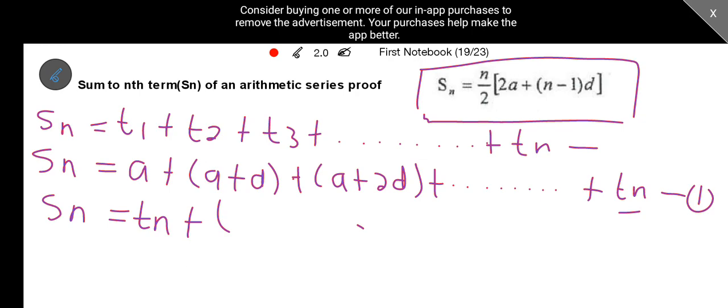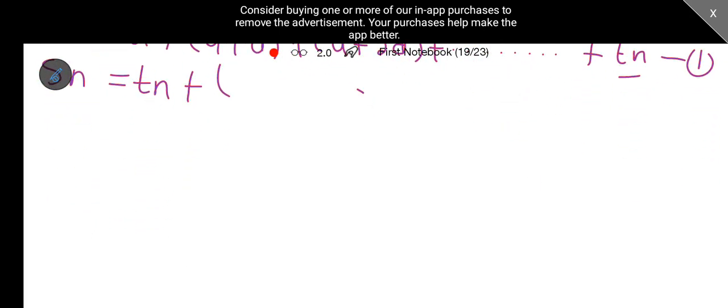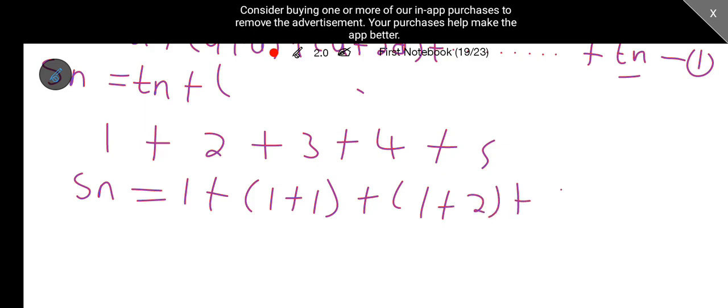So here, let me illustrate how we are going to do it with an example. Suppose we have 1 plus 2 plus 3 plus 4 plus 5. If we are saying that the sum is equal to 1, plus 1 plus 1, plus 1 plus 2, plus 1 plus 3, that is A plus D, A plus 2D, and A plus 3D.